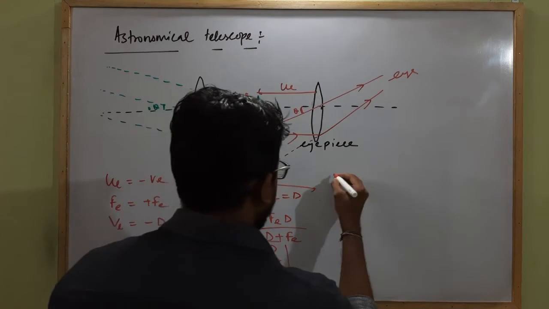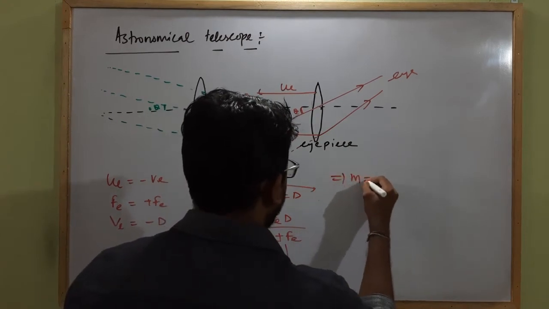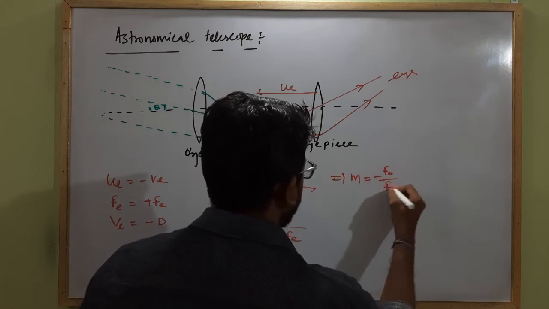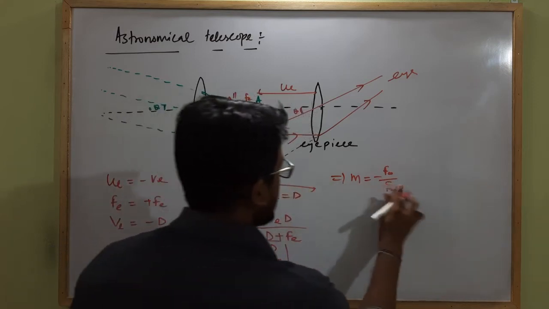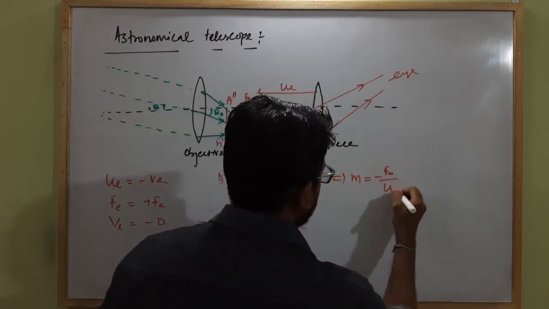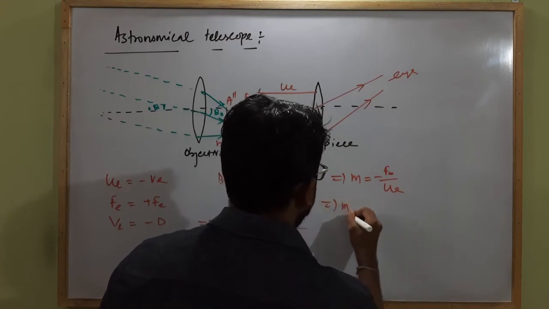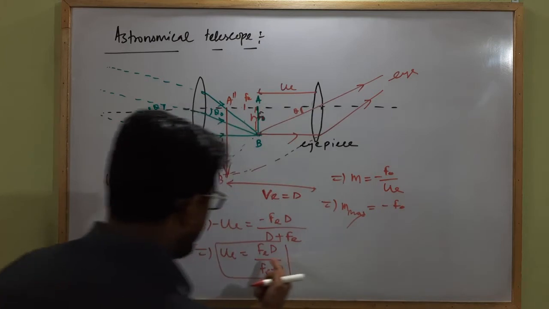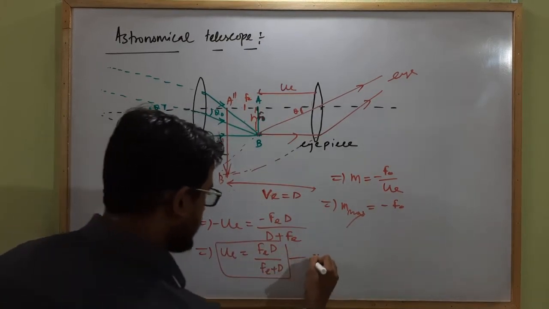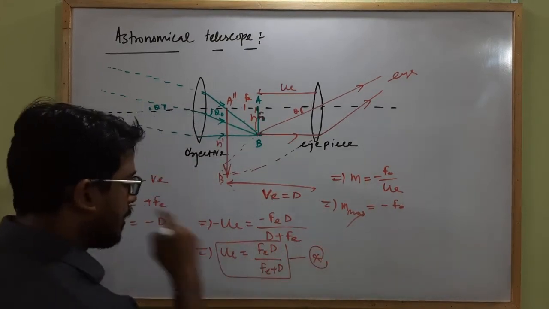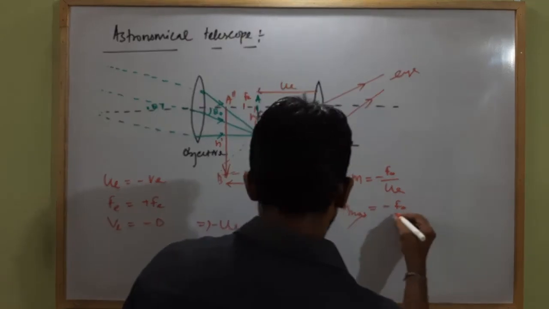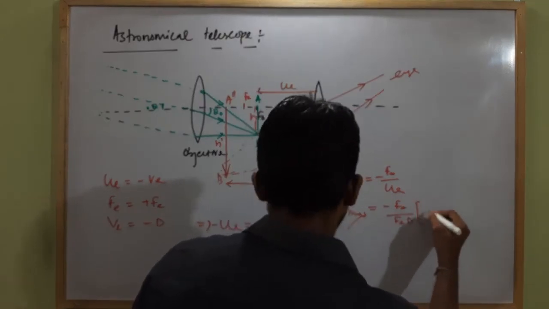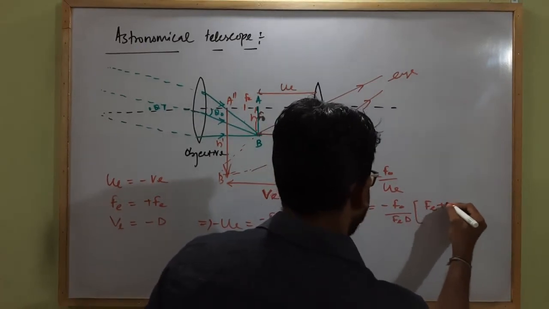So at this condition, what is the magnification power? The magnification will be minus f0 by UE. So now this will become how much? M maximum equal to minus f0. In place of UE, I can write FE into d by FE plus d. So it will be f0 divided by FE into d into FE plus d.